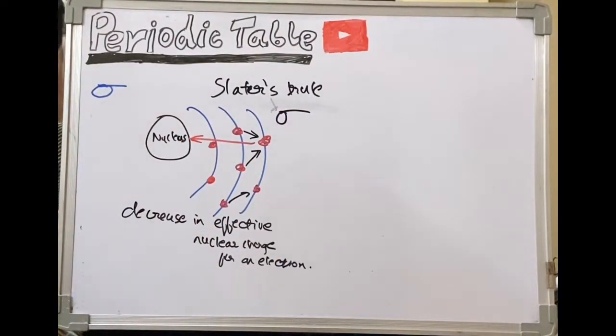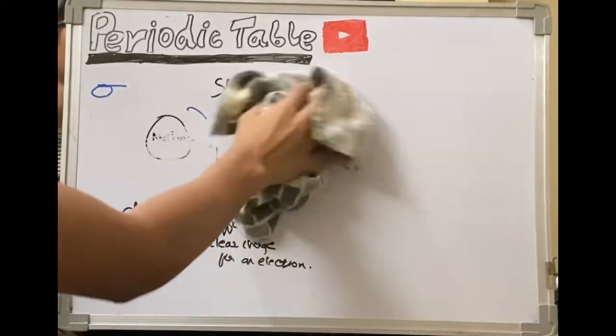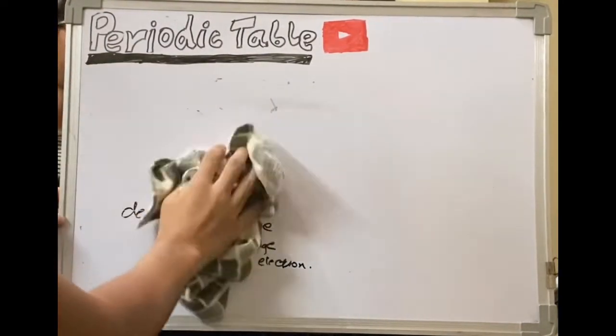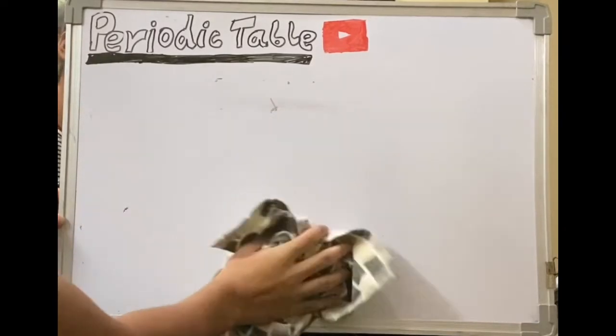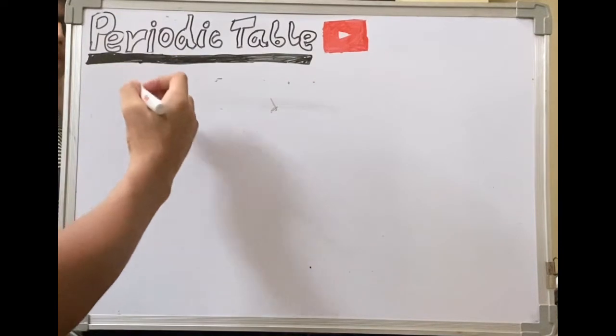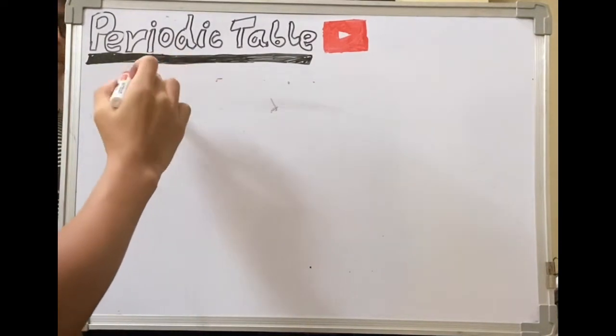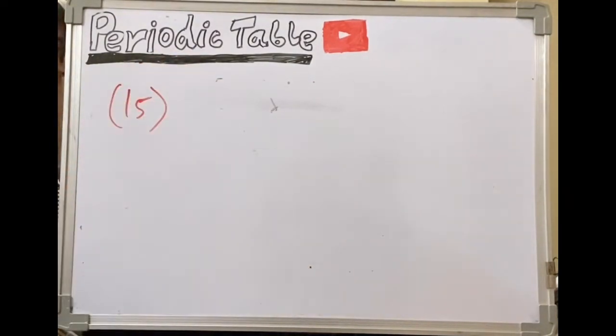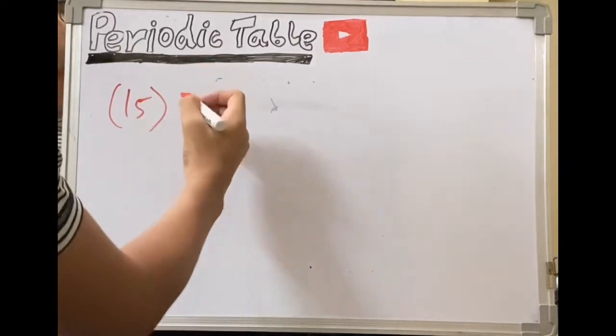Now, before starting the calculation part, we'll first discuss something known as grouping. Firstly, just remember this, guys. I'll just show it to you. Just group it in this way when you are calculating the sigma for a given element.